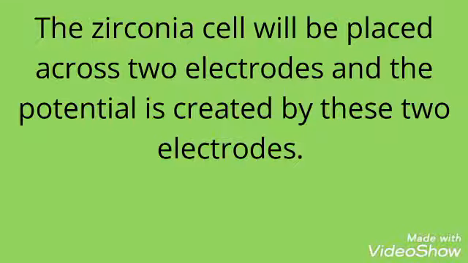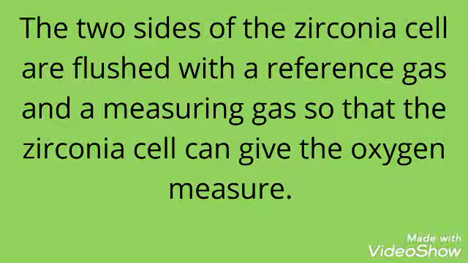So the oxygen moves from the higher concentration to the lower concentration, and at the output we get a current which is proportional to the concentration of the sample gas.